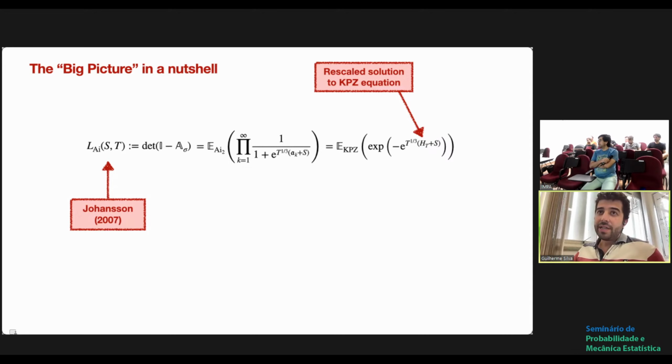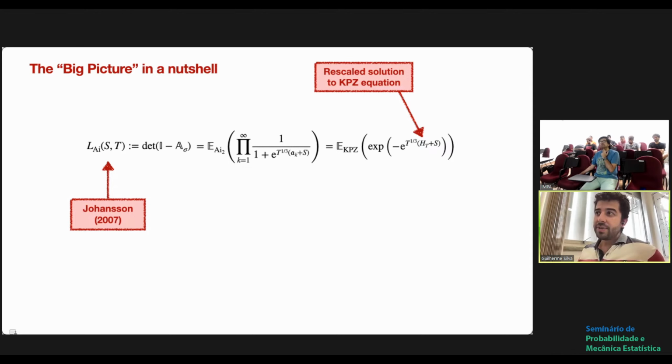One can actually prove, and this is part of what we get here, that you can express this Laplace transform, which depends on time and on the spectral variable, directly in terms of a solution to the mKdV equation. The rescaled time parameter appears as the time parameter in the mKdV.